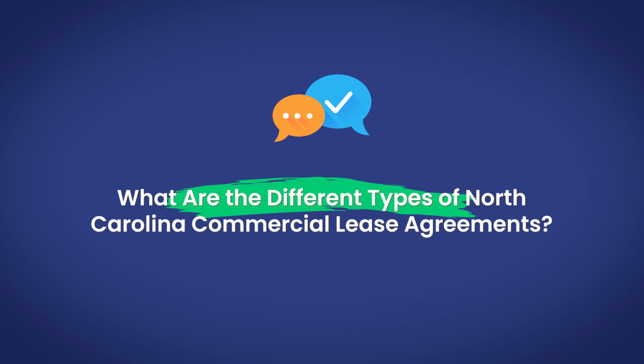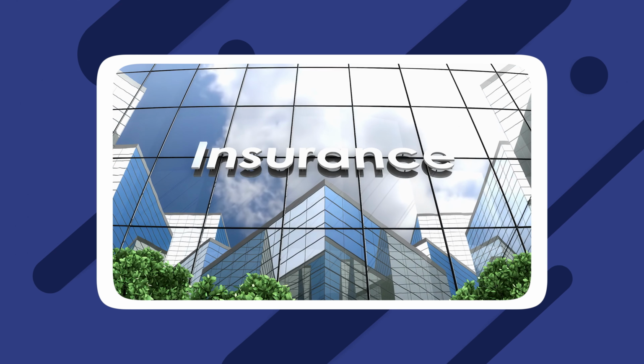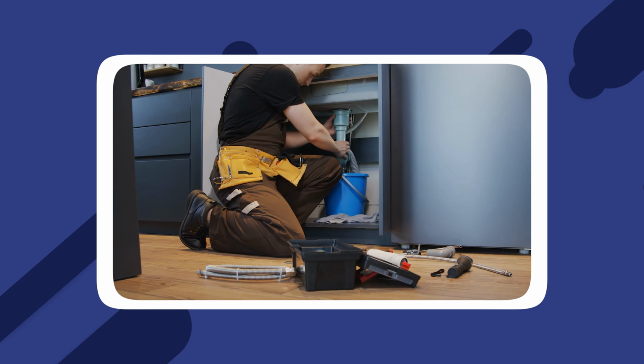And question number 3, what are the different types of North Carolina commercial lease agreements? The answer, there are various possible lease options, and before making your choice, you will need to consider the pros and cons of each one. Companies can sign a gross lease if their only goal is to pay the monthly rent. The landlord will use the rental amount to cover all additional expenses, such as insurance, property taxes, and maintenance.